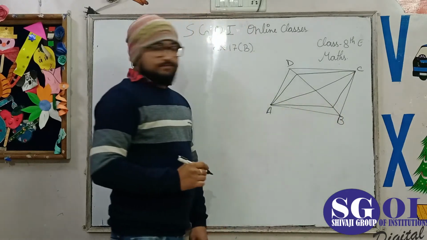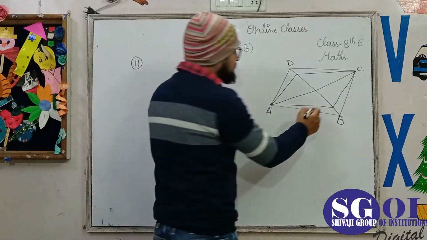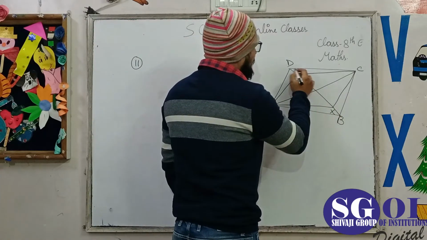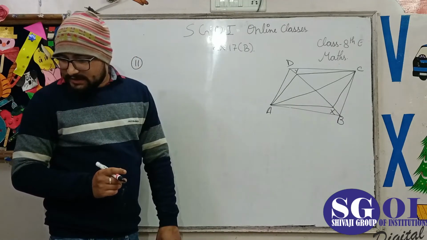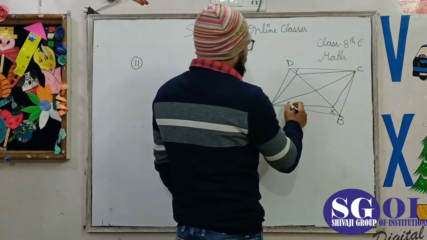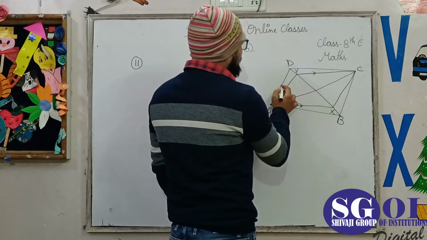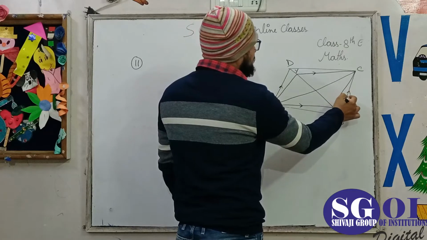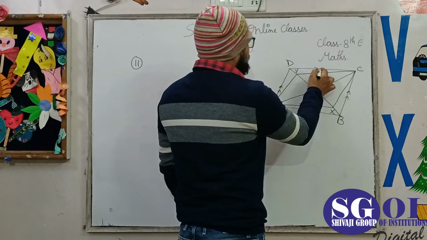Okay. Now, the labelings are: this is X and this is Y. Moreover, they are telling that AX is parallel to CY. This line is parallel to this, and this AB is parallel to this CD.